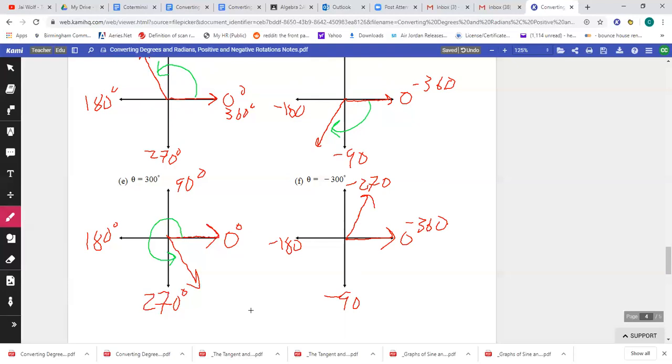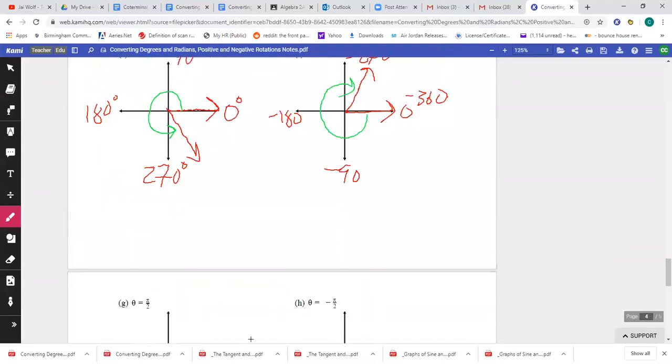And so if I go this way, that's how it's supposed to go. Okay.